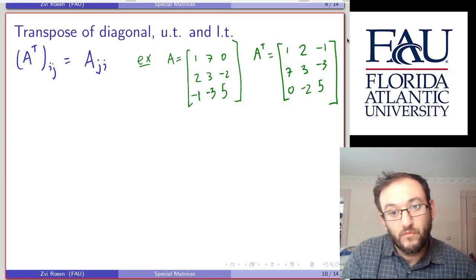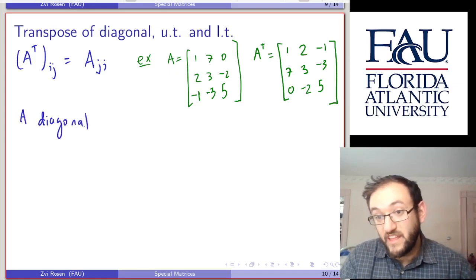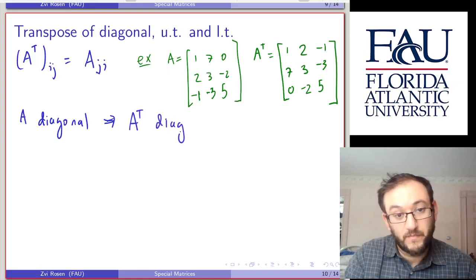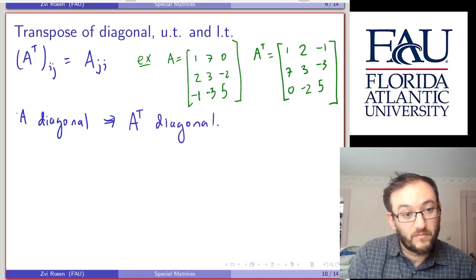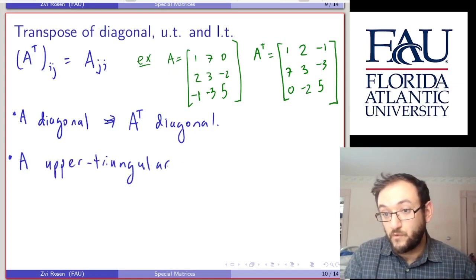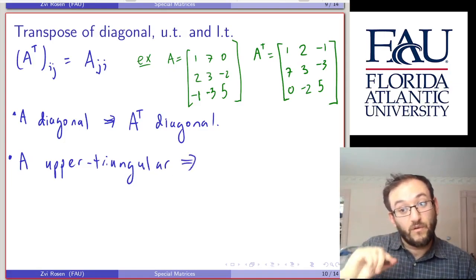So we can make the observation that if A is diagonal, after you reflect across the diagonal, it's still diagonal. So A transpose will also be diagonal. If A is upper triangular, let's think about what happens when you do the reflection across the main diagonal. Everything above goes below.